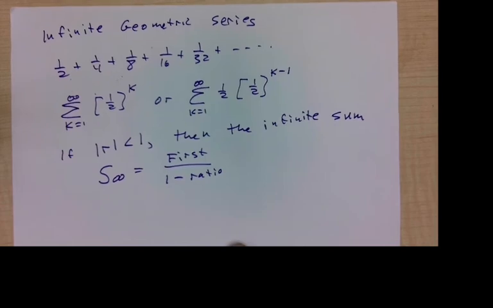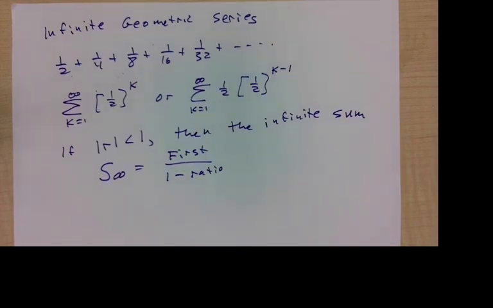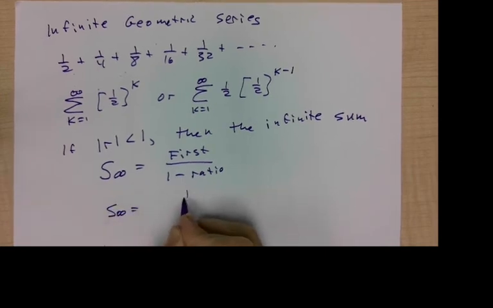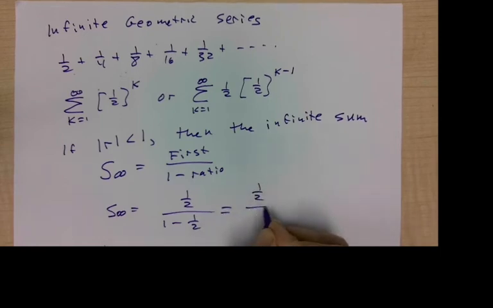So in our example here, what do we see? Our first term is 1/2, and our common ratio is 1/2. So our S infinity will be 1/2 over 1 minus 1/2, or 1/2 over 1/2, which is 1.